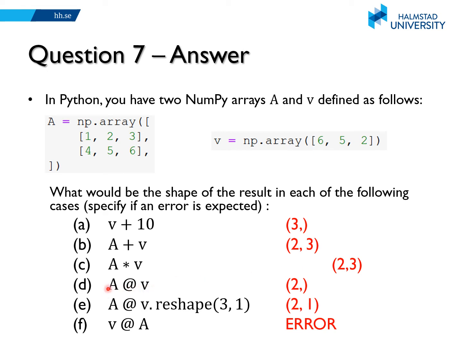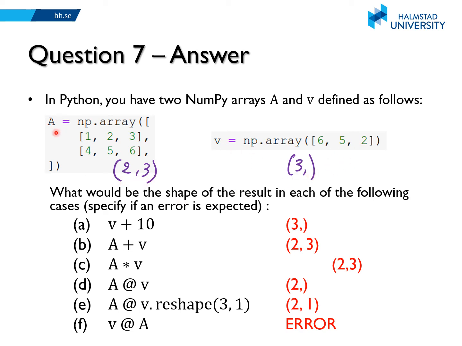Now here we want to do this dot product, or a multiplication of the matrix A and the vector V. So here A has this shape, 2 rows and 3 columns, and V has this shape, 3. So it's not considered as a row or as a vector, it's just a rank 1 array which has 3 values, right?